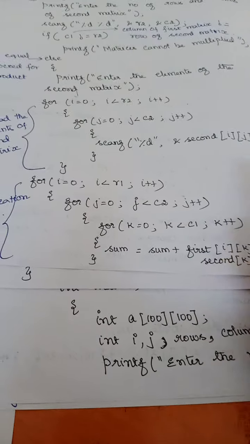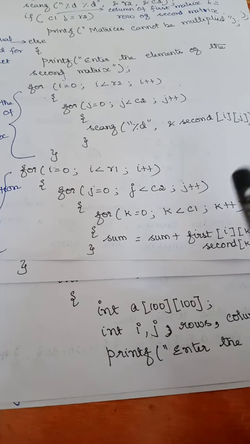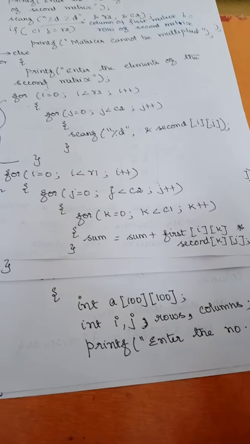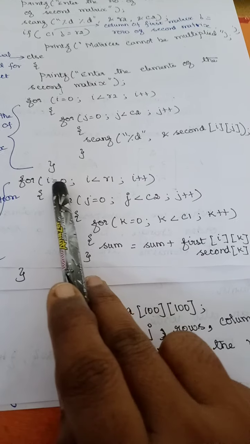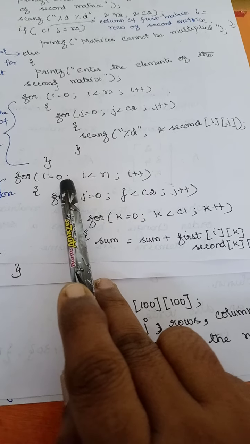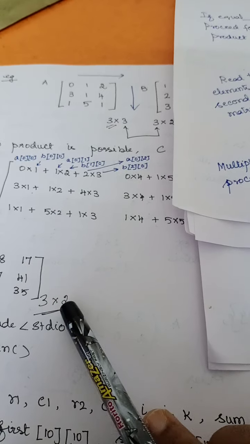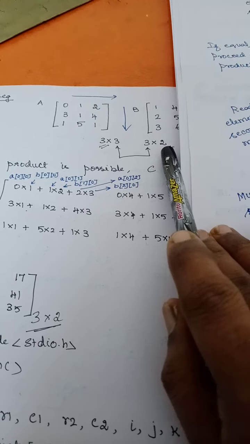Now I need to do the multiplication, right? I told you, you need 3 variables for multiplication because I am going to keep 2 things constant. I am going to vary the other thing. So here this is for i is equal to 0, and I already told you for the product you have 3 by 2. That means row of the first matrix, column of your second matrix, right?